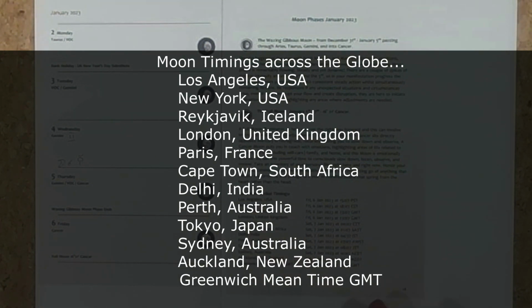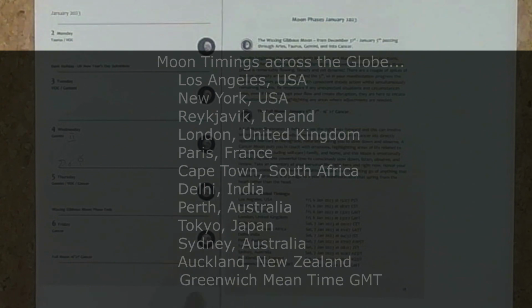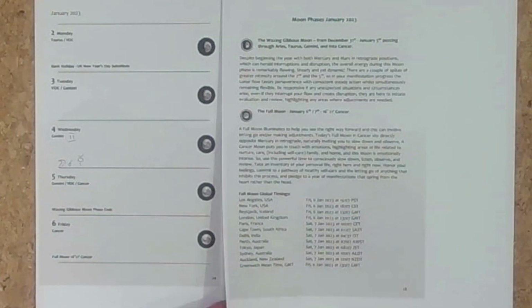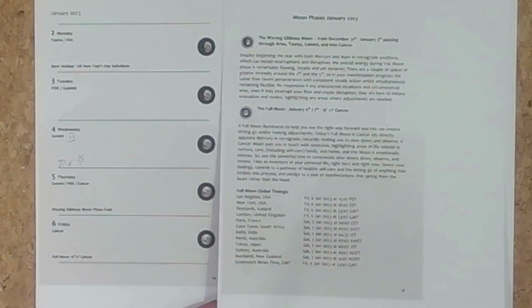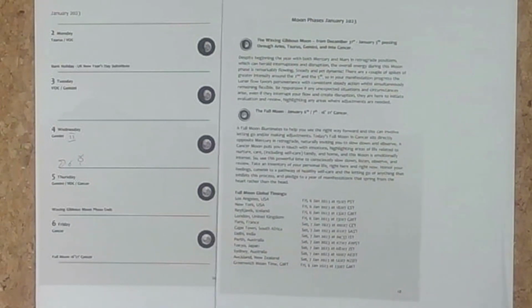This year we have tons of different locations across the globe. So wherever you are, you should be able to work out the exact timings of both the full moon and the new moon, because they are particularly pivotal in harnessing that energy for manifestation. There's a lot of information in the front of the diary about that, and it's in the PDF handout as well, so you've got that there for you.